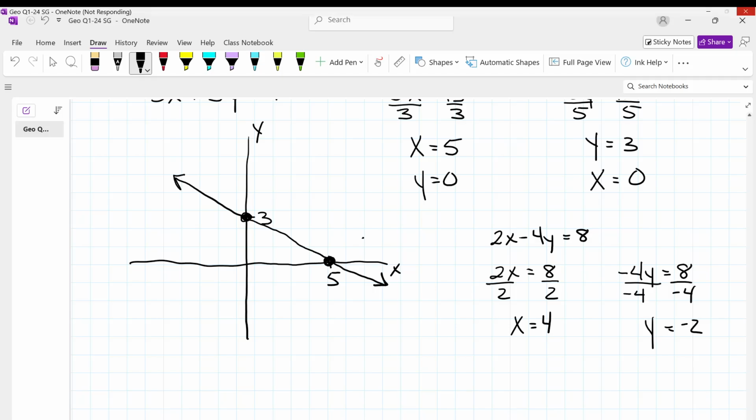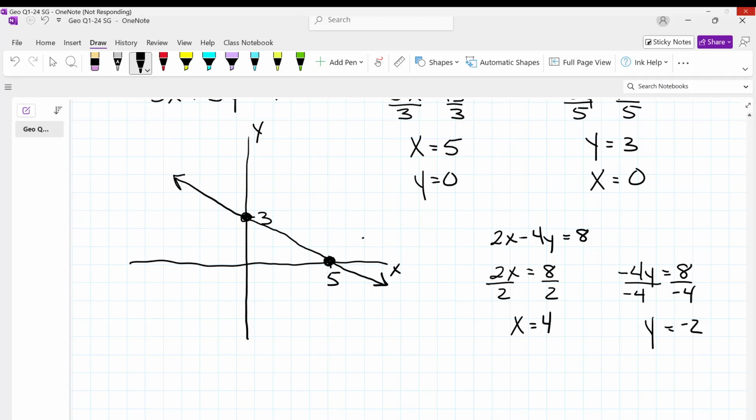So if we draw a coordinate plane, and plot those 2 points, and then connect the points with a line.